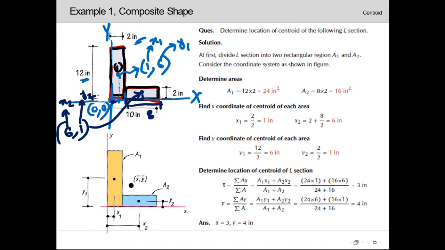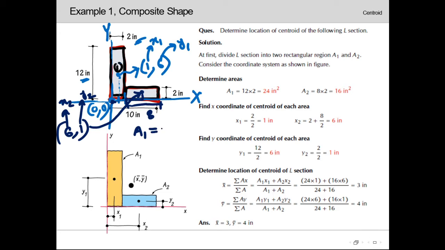So we have already got x1, y1, x2, y2. As we can see, there are only two segments, so that's all to determine the centroids of each of the segments. Now we need to calculate the area of each of the segments. For segment 1, let's denote the area with A1.